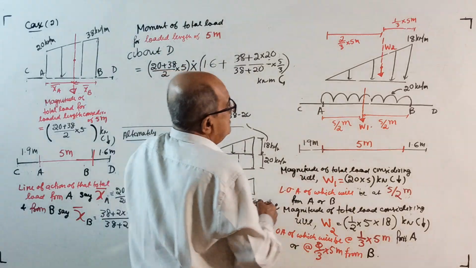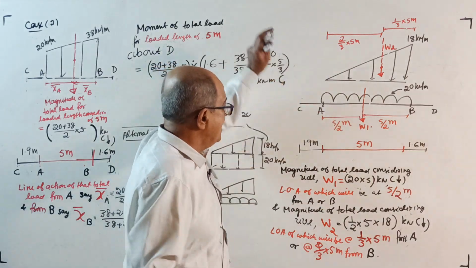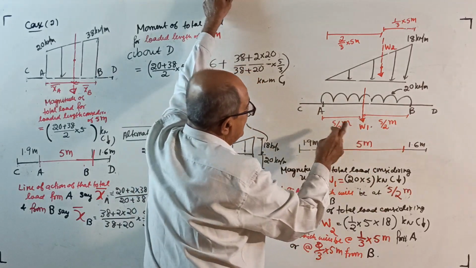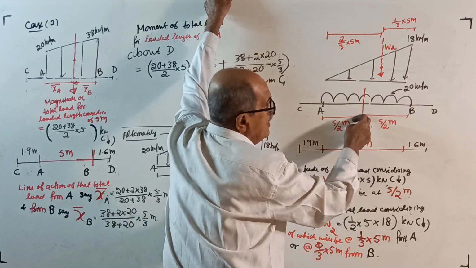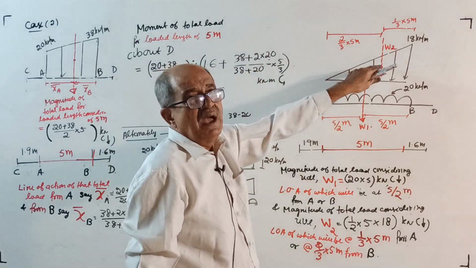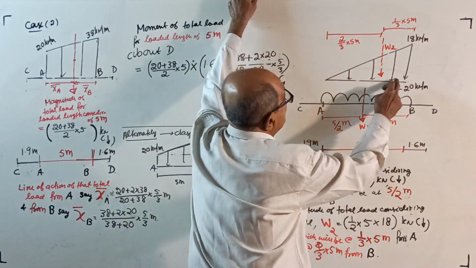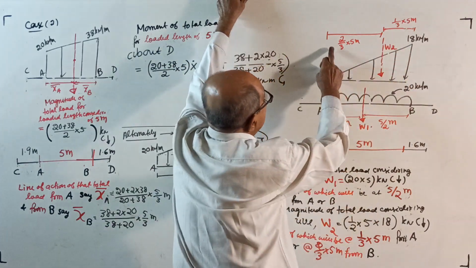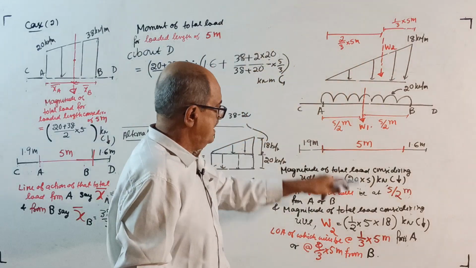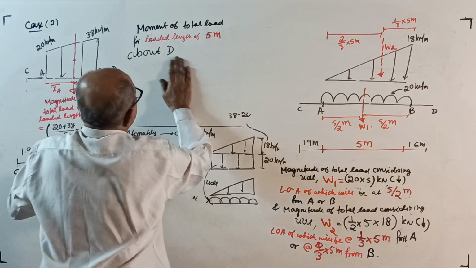Now see, W1, magnitude of only the UDL, 20 into 5 kilonewton, acting at 5 by 2 from here or 5 by 2 from there. I wrote it. W2, total load magnitude for the UVL represented by the triangle, half into 5 into 18, line of action 2/3 of 5 from here or 1/3 of 5 from there. Okay. Everything written here. Now, next, continue.